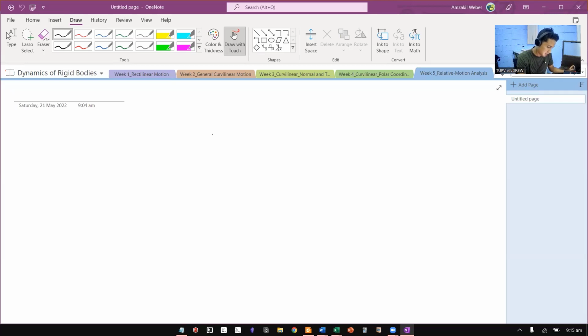So what is the advantage of this type of analysis? There are two advantages. One is that not all types of motion can be described, or it's not convenient to describe them, in a fixed reference frame.